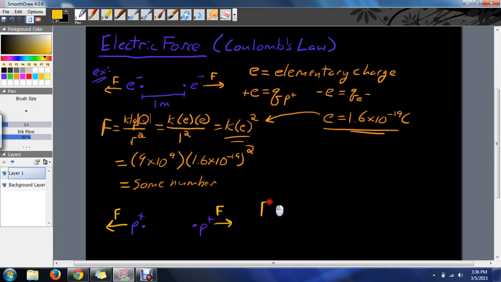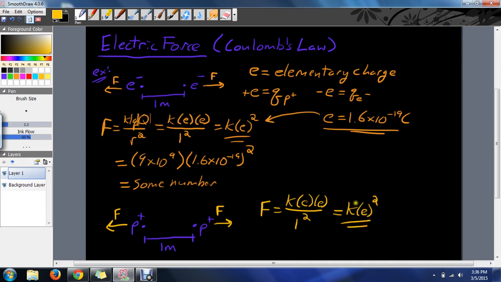We're also going to get K times E over, of course I forgot to put in the distance, if they're separated by 1 meter, we'll plug in 1 squared and we get K times E squared.